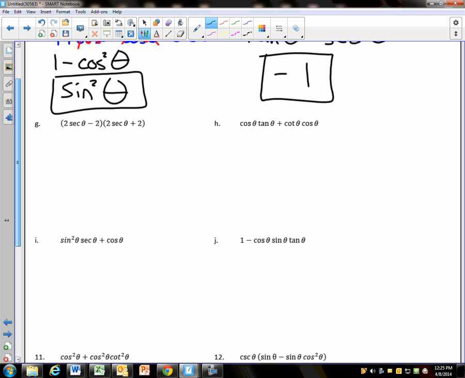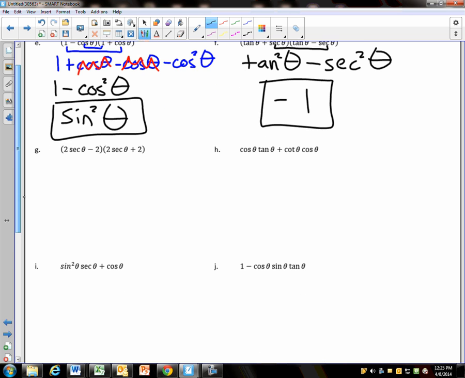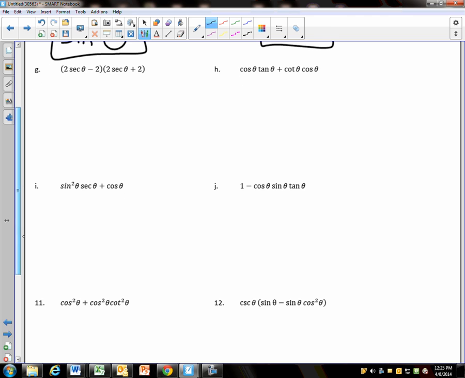How about G? What's different about that? It has 2's. They're still conjugates, aren't they? So I'll multiply. I'll get 4 secant squared minus 4.